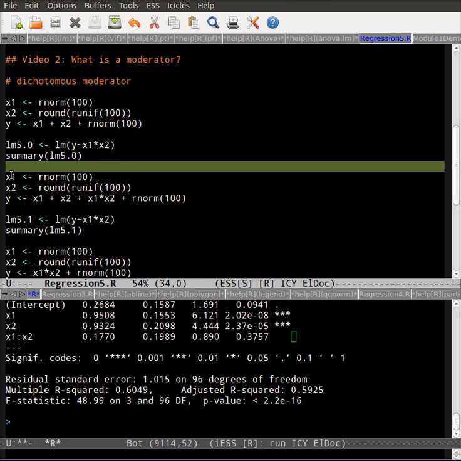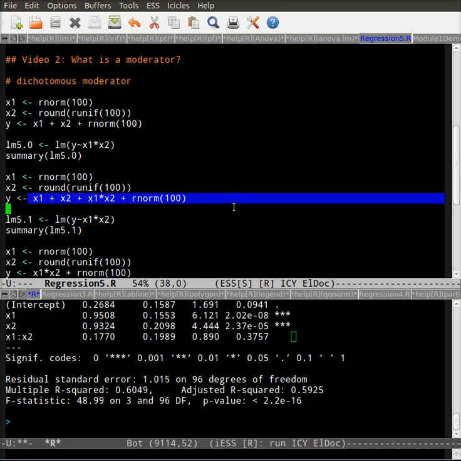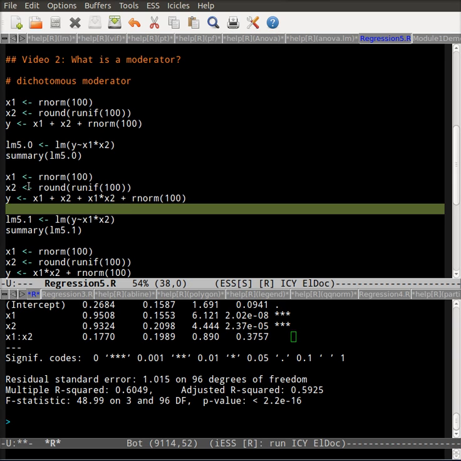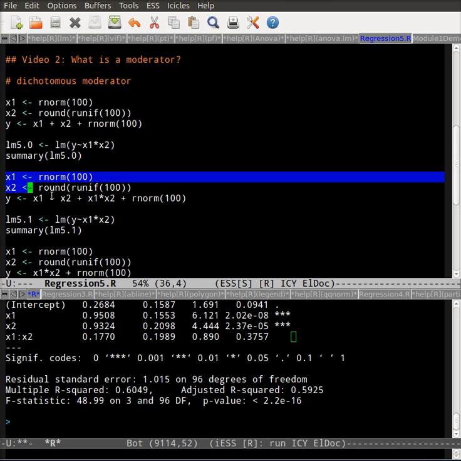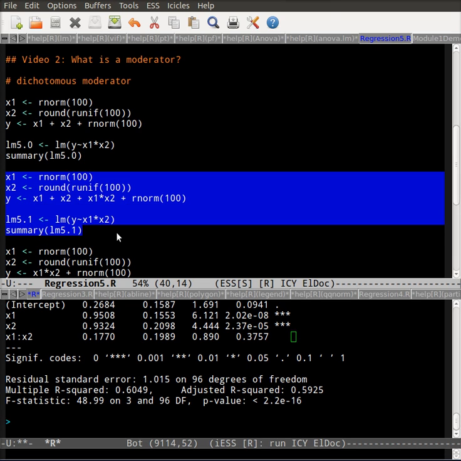But what happens if I model the criterion, the dependent variable, as both a function of the additive effects of x1 and x2, as well as the interaction? What do we get from that? Well, I'm going to run this, and you'll see precisely what we get.